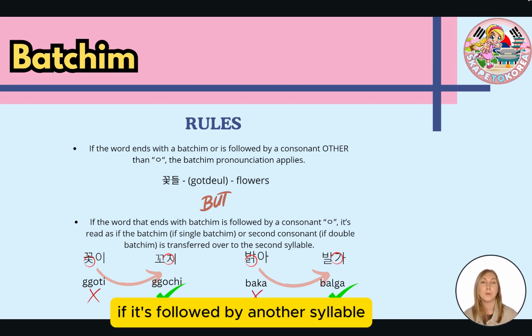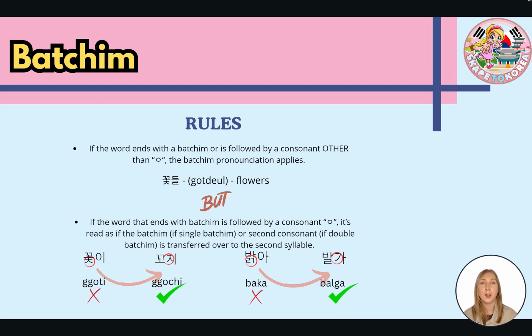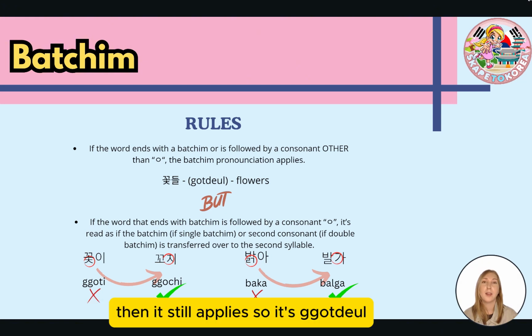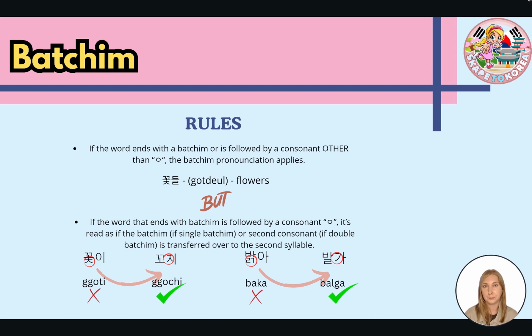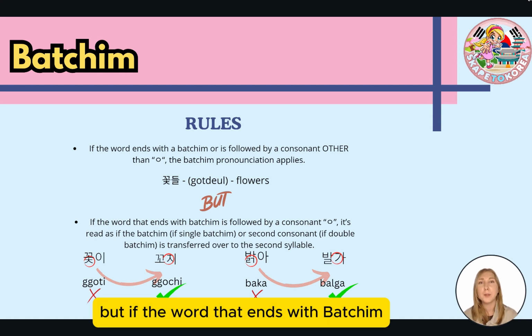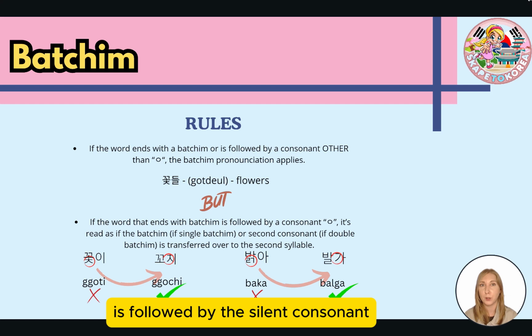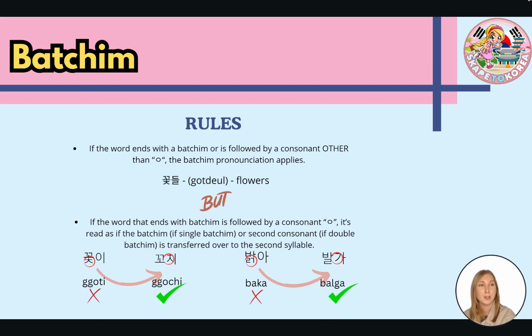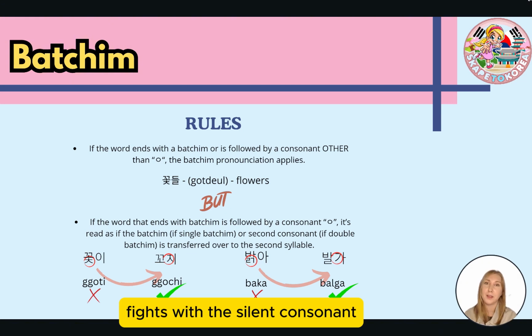If it's followed by another syllable that starts with not the silent consonant, then it still applies. So it's 곧들, 곧들. But if the word that ends with Batchim is followed by our silent consonant, then it's as if that Batchim fights with the silent consonant, and the silent consonant is silent. It doesn't produce any sound.